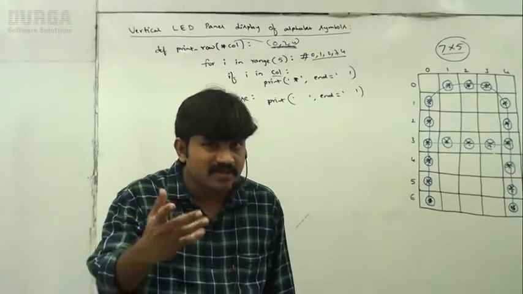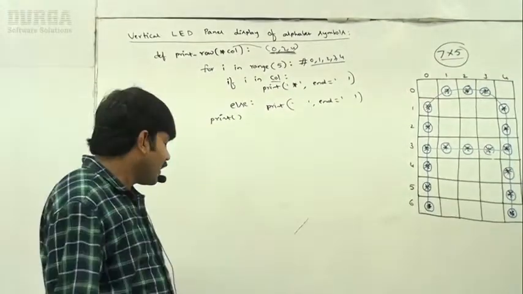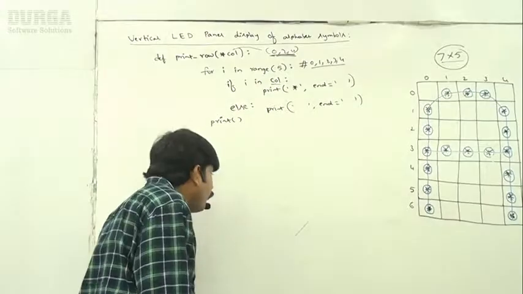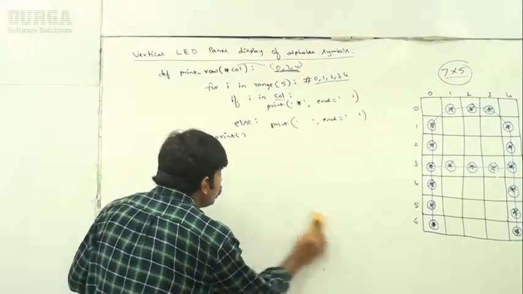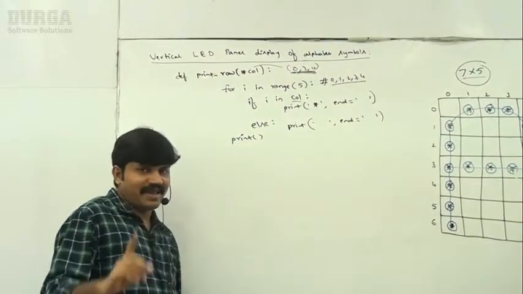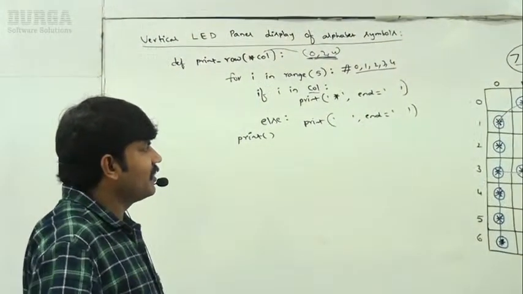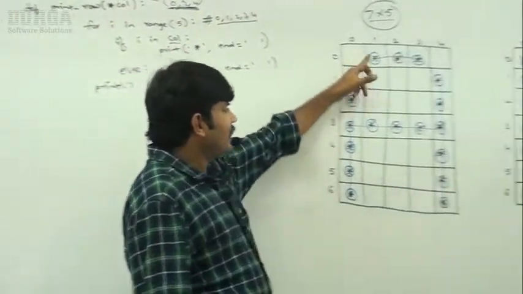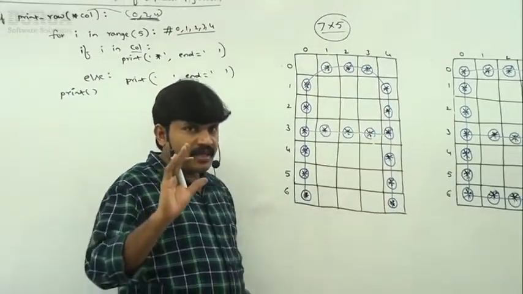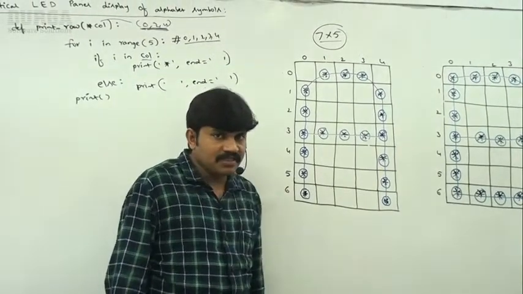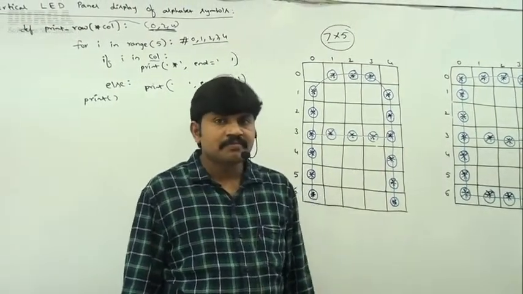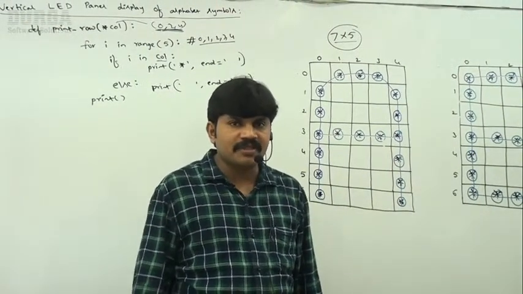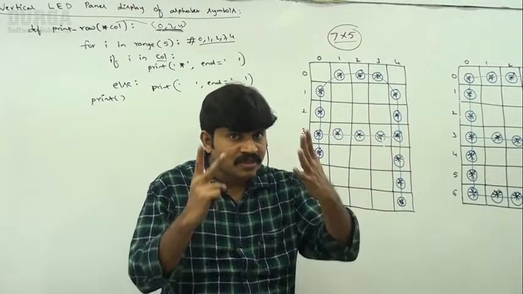If you understand this, nothing will be difficult, sir. Now have a look once. How can I use this function to generate alphabet symbols? Beautiful concept. Now I want to generate A. Sir, every alphabet symbol is a matter of how many rows? Respond. 7 rows.